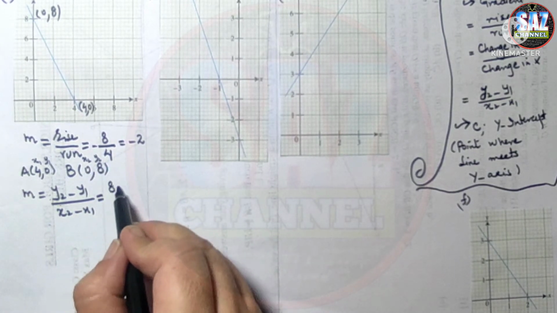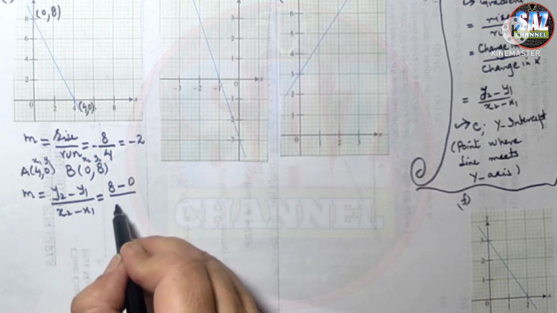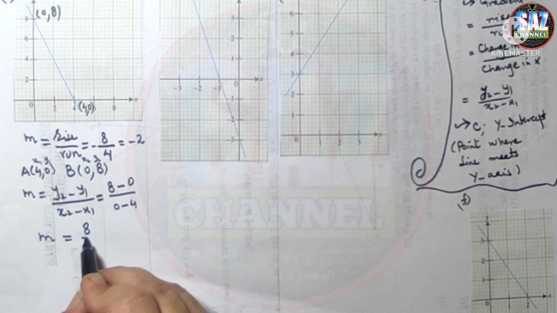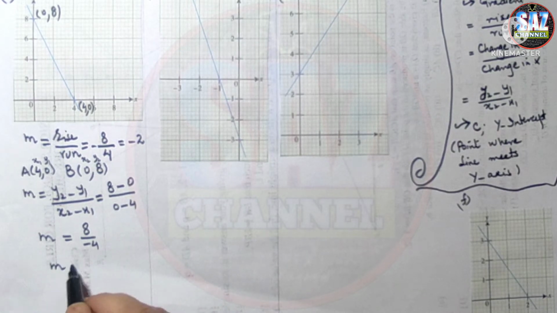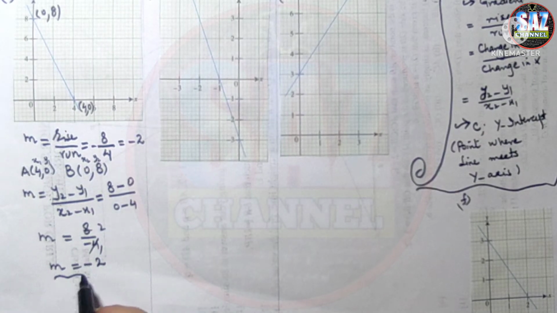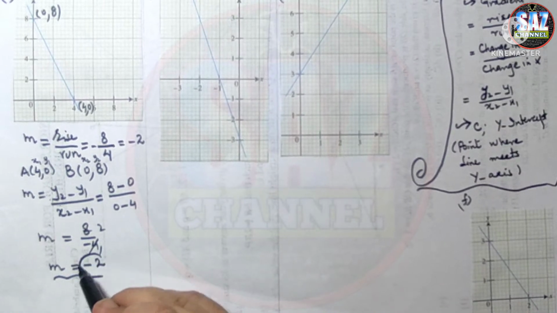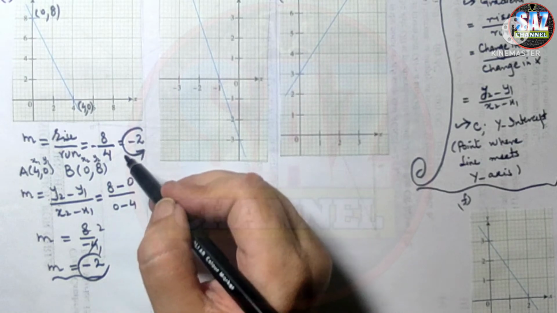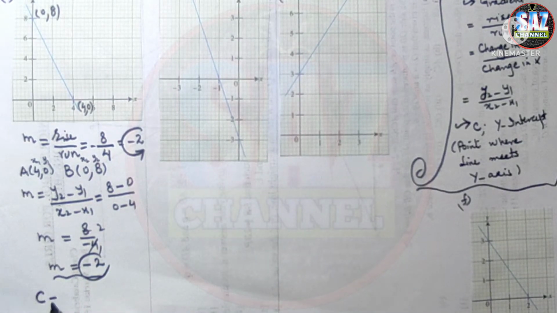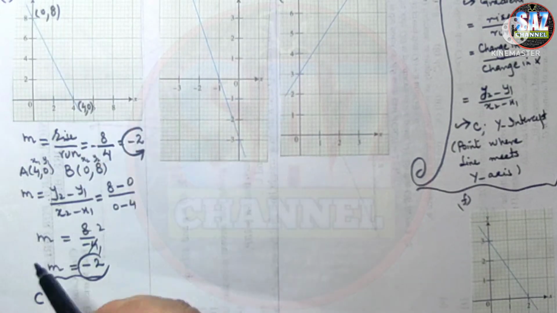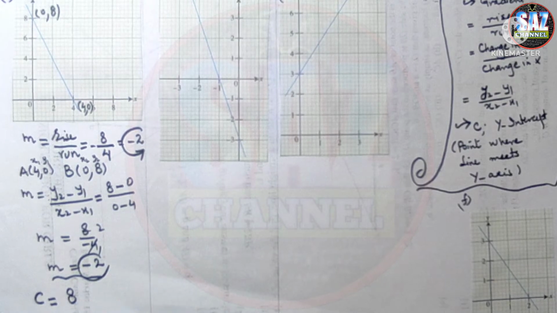That means 8 minus 0 upon 0 minus 4, so m is 8 upon minus 4, m equals minus 4 ones are 4 twos. Gradient is -2. So we can see that when we found the gradient graphically, we got the same answer, -2. Coming to C, recall what is C. C is the y-intercept, the point where the line meets the y-axis. So C of the line is 8. Really easy questions. And let's move to the next part.